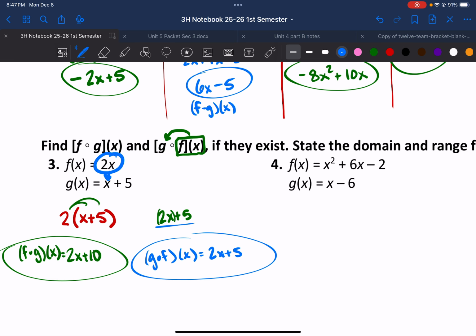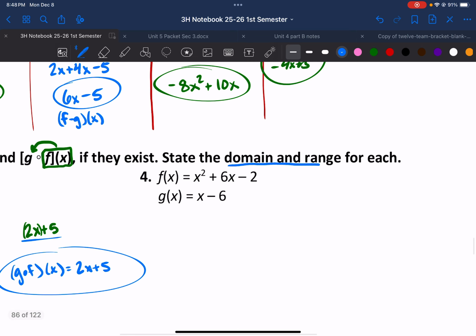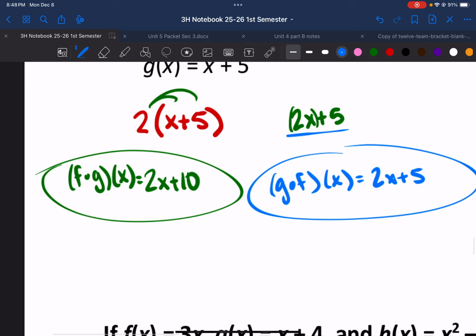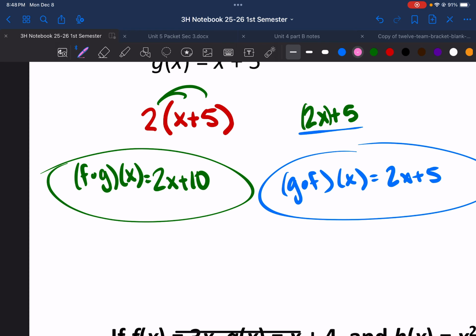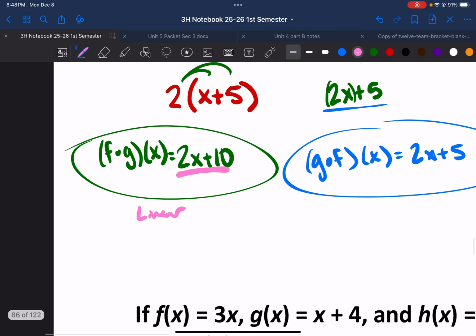Now this wants me to state the domain and range of each of these functions. Okay, this is not very difficult. We just need to know this is a linear. Linears have a domain that reaches all possible x values. They also have a range that reaches all possible y values. All linears.